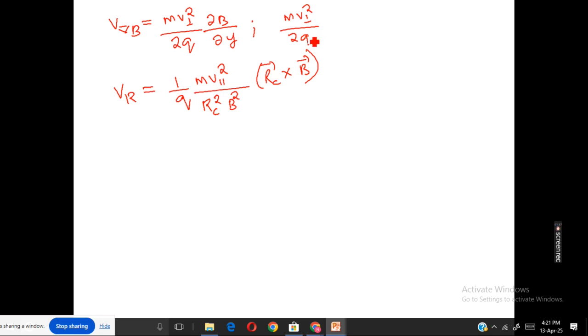In a more generalized form, we are not assuming these directions for the magnetic field. We can write m v perpendicular square by 2q into B cross del B. So this will show you the direction of the magnetic field, and this is the direction in which it is changed. It can be anything; it is not always along z and y. So this is a more generalized form of the gradient drift velocity, and this is a generalized form of the curvature drift velocity.